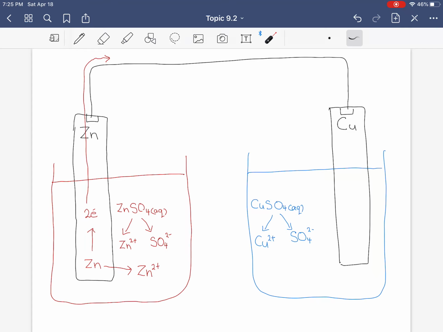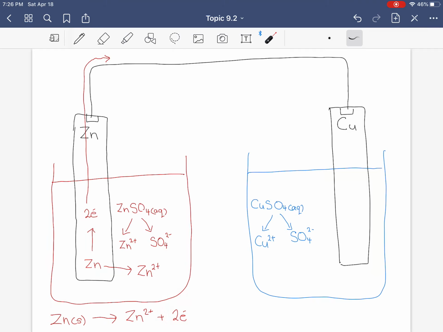So let me write this half reaction at the bottom. This half reaction states that Zn as a solid decomposes to become Zn2 plus and 2 electrons. The electrons will go through the wire.